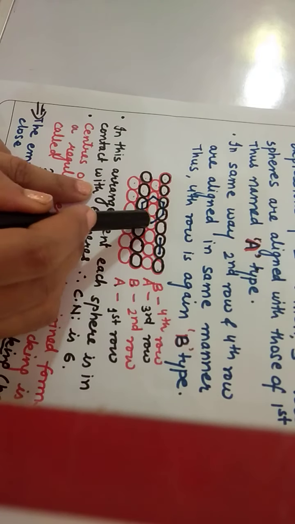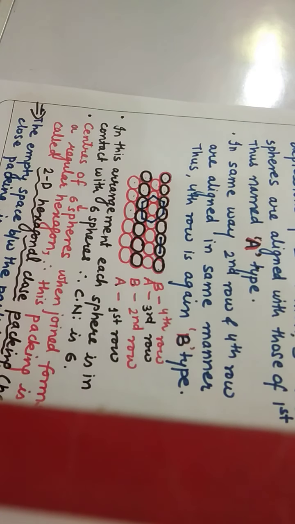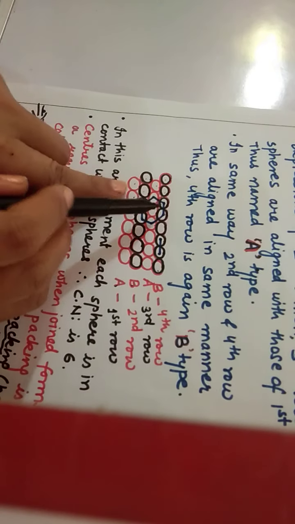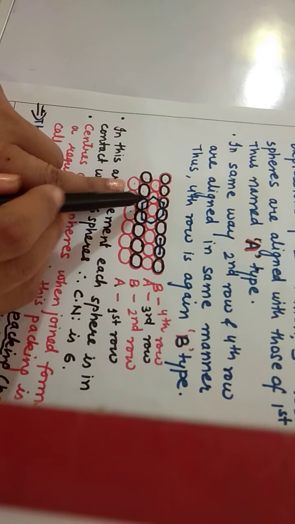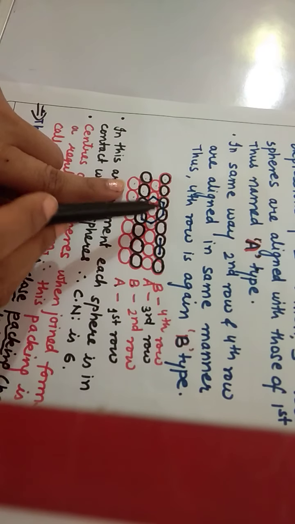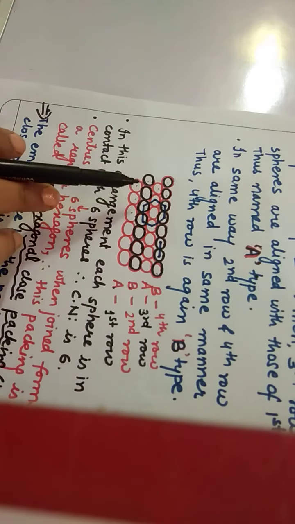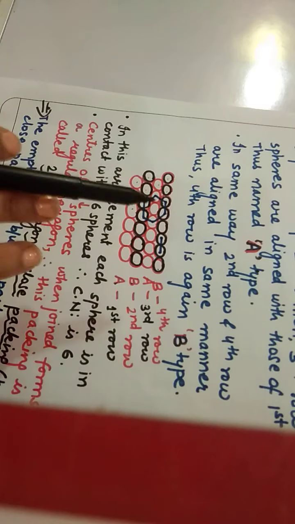So the number of nearest neighbors is 6, so the coordination number is 6. Now if we join the centers of these nearest neighbors, we'll get a hexagon. So this type of packing is known as hexagonal close packing or HCP.